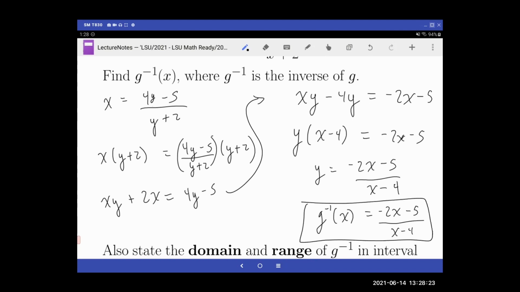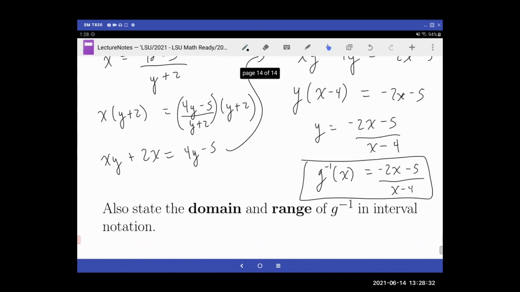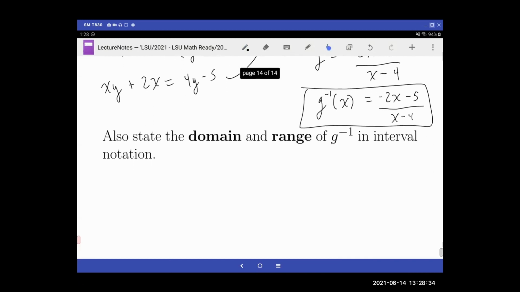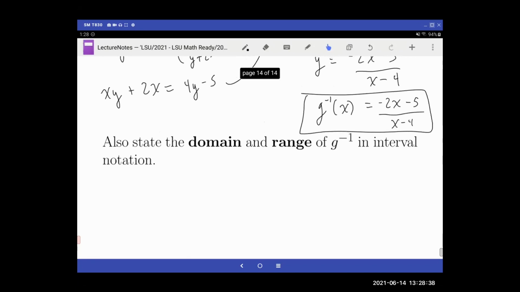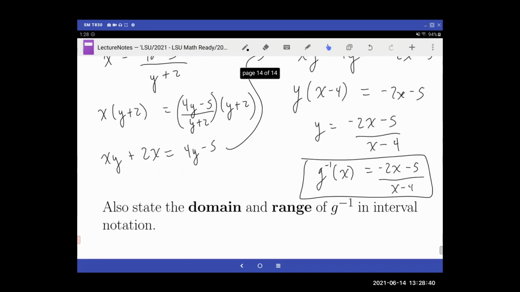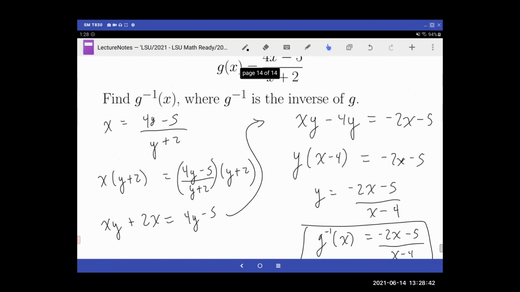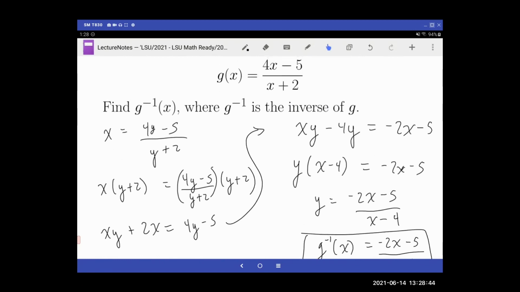The last thing we need to talk about pretty quickly is to find the domain and the range of this inverse function. What we first should do is find the domain of the original, this (4x minus 5) over (x plus 2).